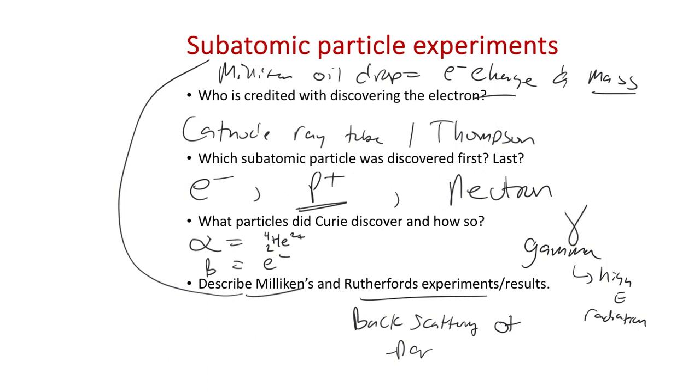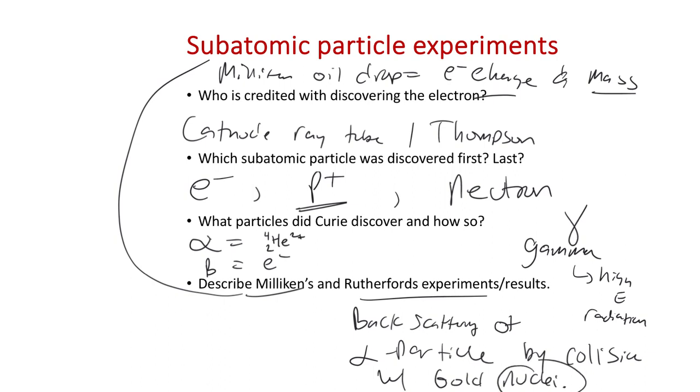Okay. So the alpha particle from Curie's work, the helium nucleus, was backscattered by collision with gold nuclei. So it allowed the discovery and the proposal of that nuclear model.